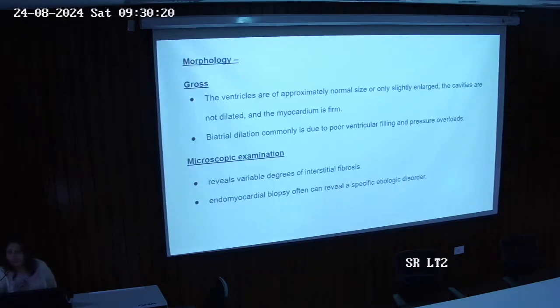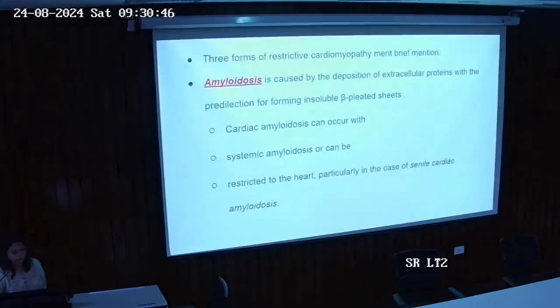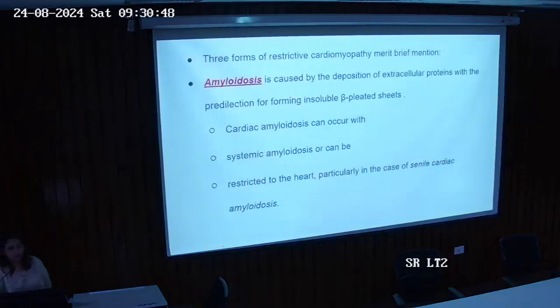Biatrial dilatation is obviously present because the ventricle is not filling, the atrium is trying very hard, and that is why the atrium dilates, both atria. On microscopic examination you will again see increasing degrees of interstitial fibrosis, and biopsy in this condition can give us the etiological agent, like I told you, amyloid, or sarcoidosis.